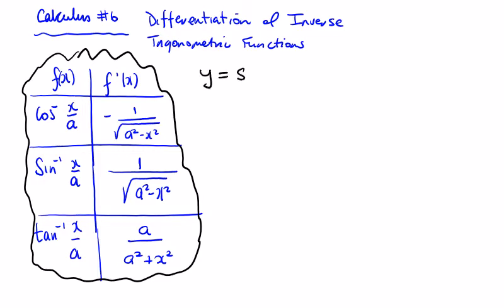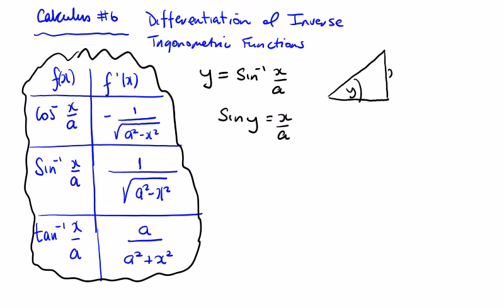So let's have a look at the inverse sine of x over a. So that means that the sine of y is going to be equal to x over a. So if I create a little triangle here, here's my angle y, and we have my sine is equal to opposite over hypotenuse, so that's x over a.